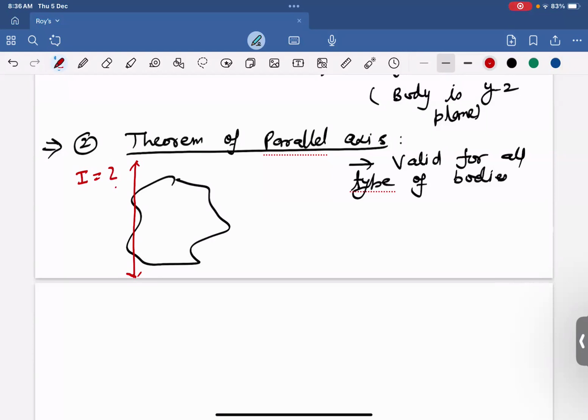What you should do, try to find where is its center of mass. So say its center of mass is here. Let's suppose this is the center of mass. Center of mass is the place where you can write its whole mass m. Now next step is, draw a line, draw an axis passing through the center of mass which is parallel to the given axis. Our given axis is like this, so we will draw a line like this.